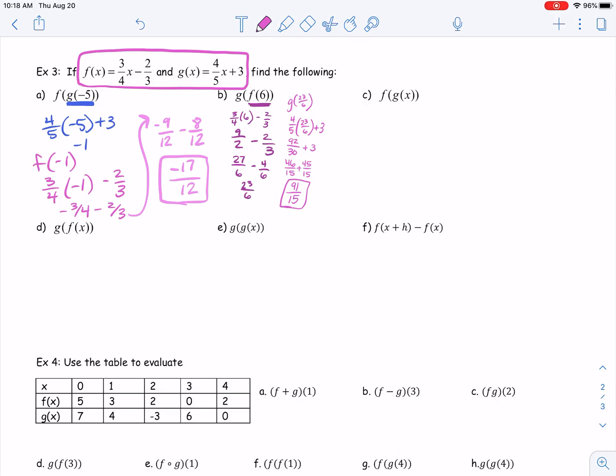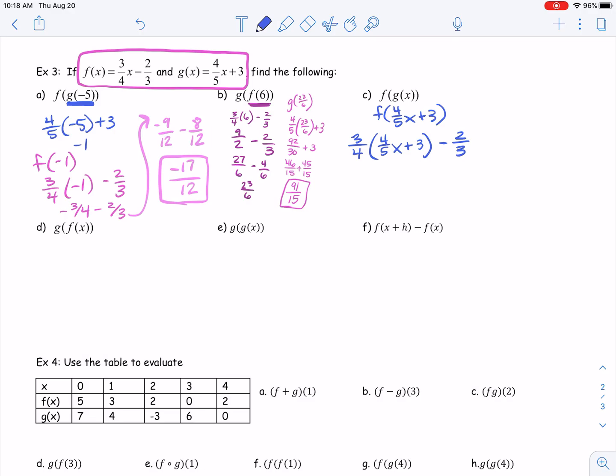Then we're going to do f of g of x. So we are going to end up with an expression as our answer and not a numerical answer. I'm taking the whole g of x function and putting it inside of the f of x function. So that's really like f of 4/5 x plus 3. So that's really like 3/4 times 4/5 x plus 3 minus 2/3.